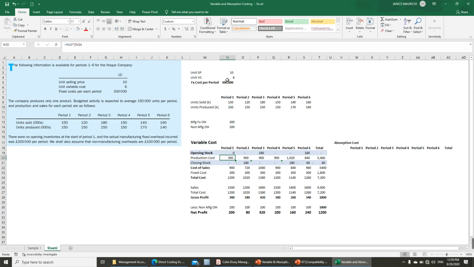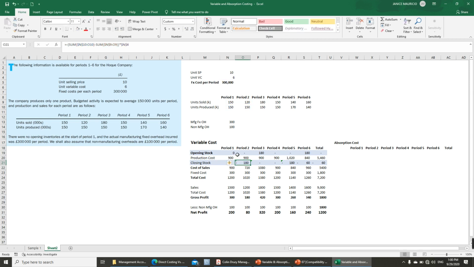Then we get the value of the closing stock, which is produced minus sold times the unit variable cost. We don't consider fixed manufacturing overhead, that is for variable costing.